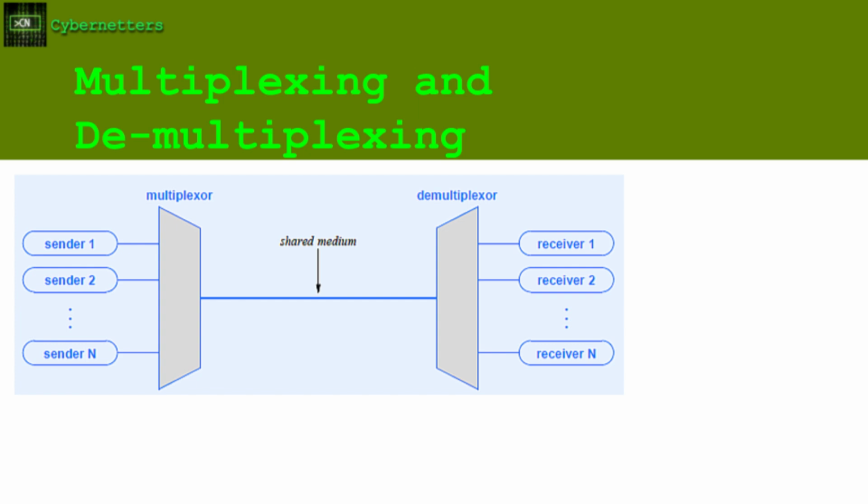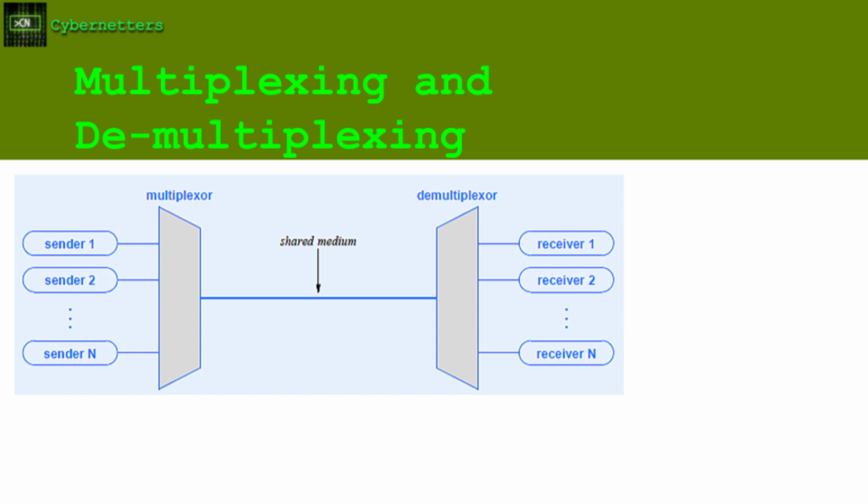Basically, multiplexing is when you have multiple senders using one shared medium in order to send to many receivers. As you can see in the diagram, the senders are the input sources. You can see sender 1, sender 2, and sender N, which send independent data streams.